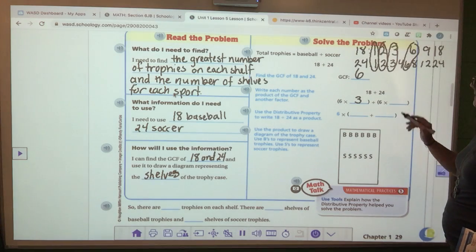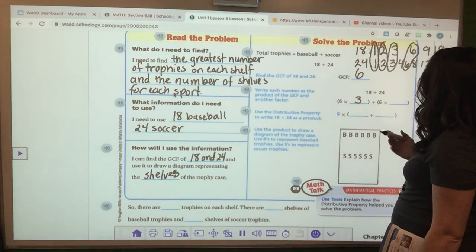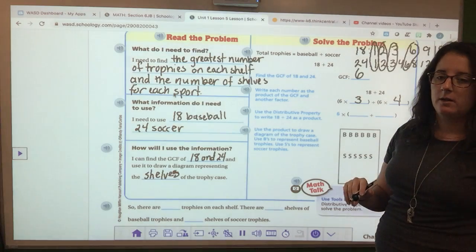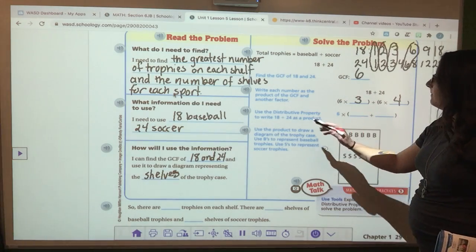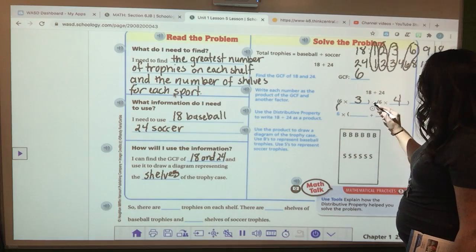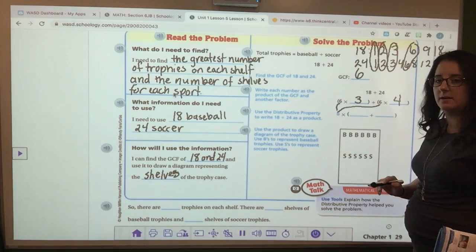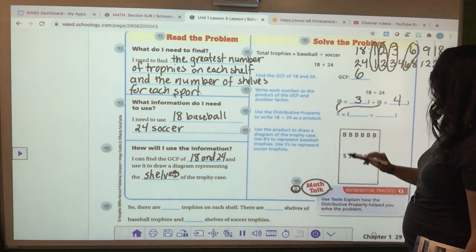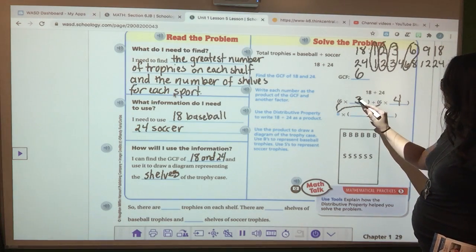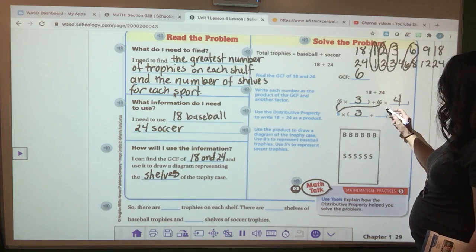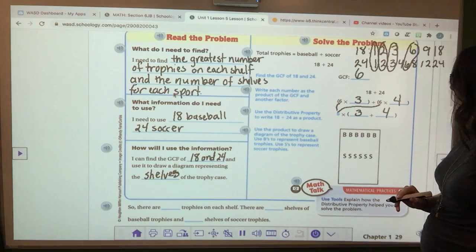Then we have 6 times what equals 24? 6 times 4 equals 24. Then in this next step, they're using the distributive property, which means they're pulling the 6 out because it's common among both of those multiplication problems. The 6 is coming out times whatever numbers are left, our other factors, 6 times 3 and 6 times 4.